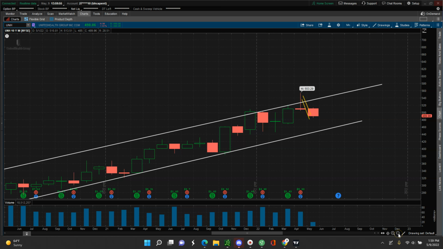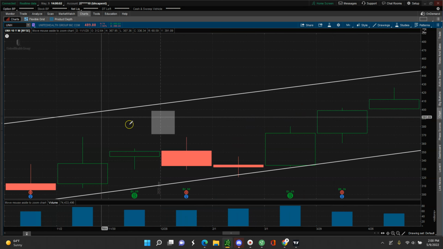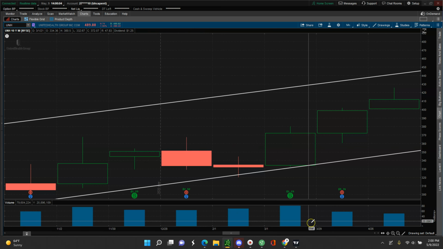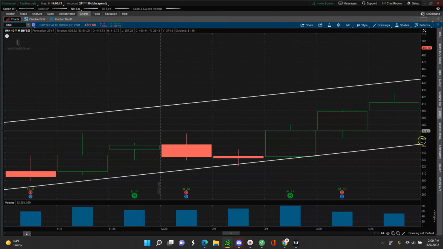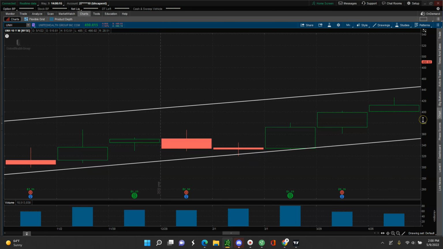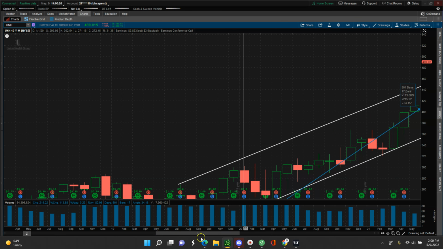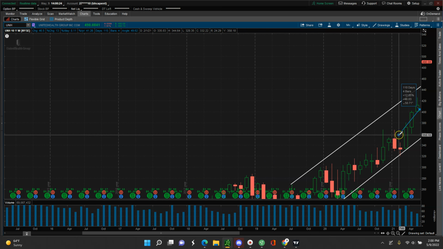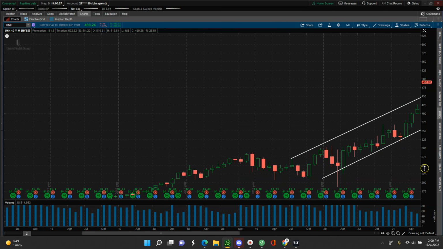What you have is a reversal candle right at resistance, right at a key level. Let's see. For some reason, my zoom out button is not working on this chart. Okay, so I'll have to do it manually here, unfortunately.